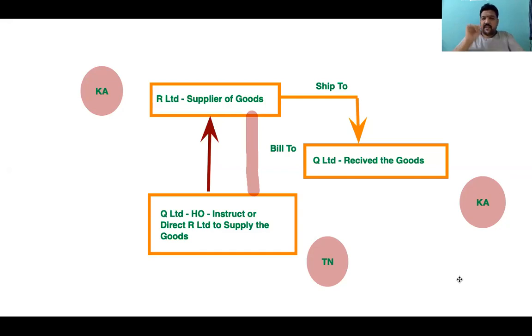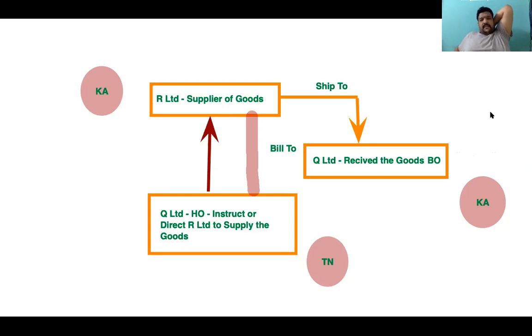Q Limited HO instructs R Limited and asks R Limited to supply the goods to a branch office of Q Limited, let's say in Bangalore. This is a branch office of Q Limited. Bill will come to Q.